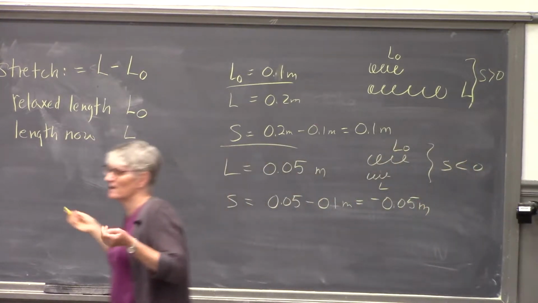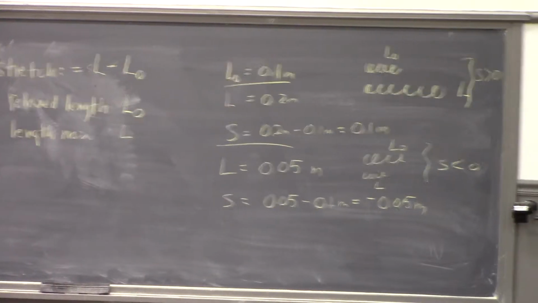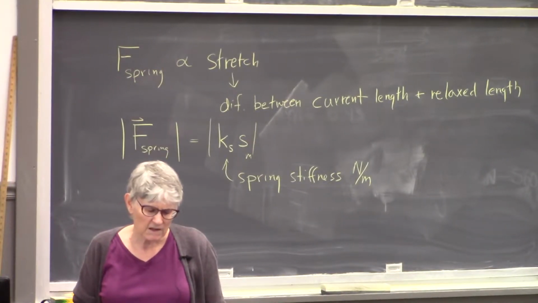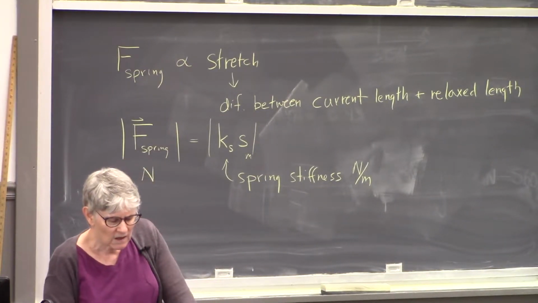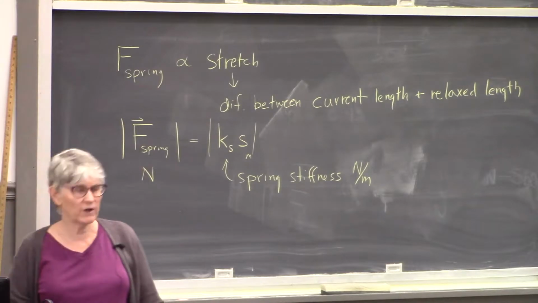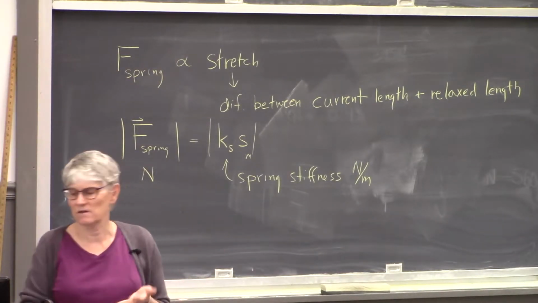Okay, so it's a signed number. However, we really need to add a direction, and so we need to worry about turning this into a vector in just a minute.